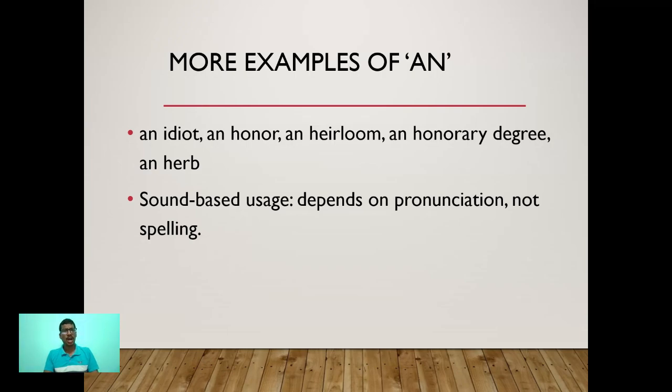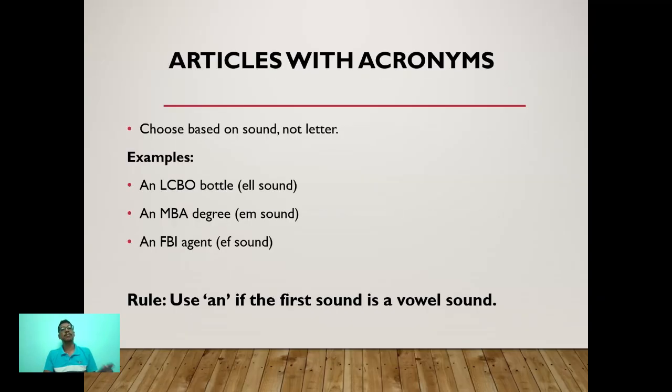Do we use articles in front of the acronyms? Of course we use them, but as told earlier, it is based on the sound, not on the letters. The example shows, see the second example, an MBA degree. Here M is a consonant letter, but the sound starts with a vowel sound.